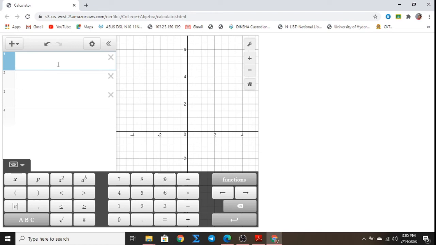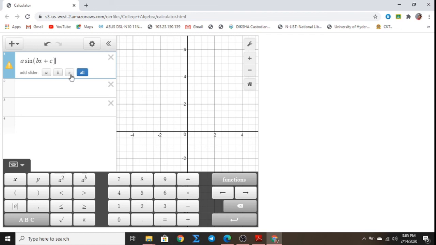Let us type one function, a sin(bx + c). Here we have added the parameters a, b, c.